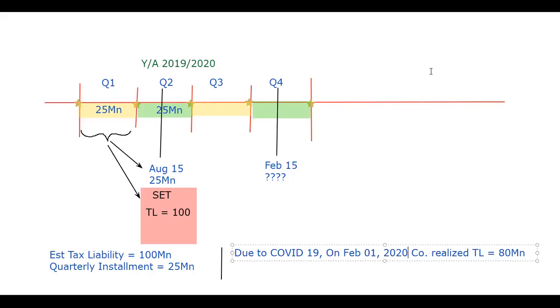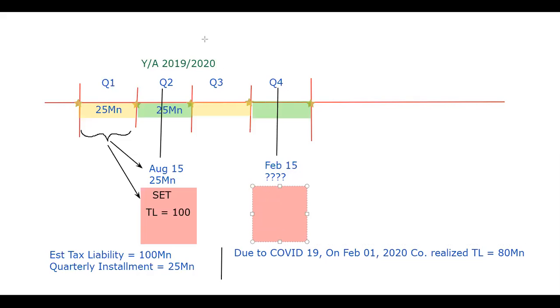Yes, exactly, you need to realize the amount, then calculate it. What is the amount you are going to pay? Yes, exactly.